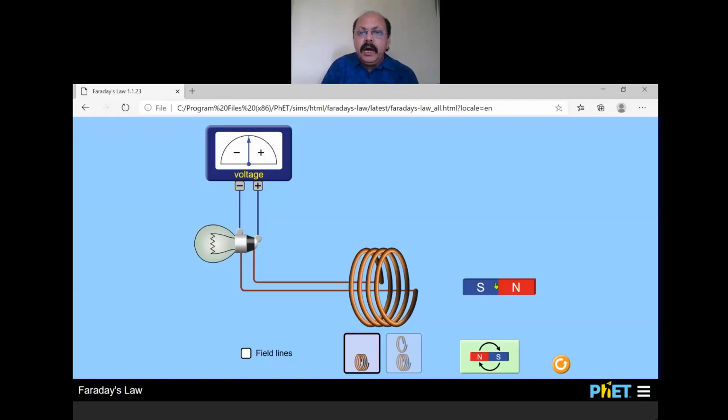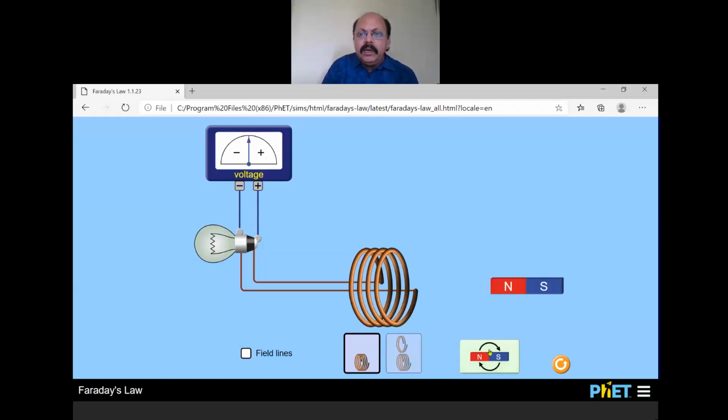But deflection takes place in the galvanometer in the opposite direction as when we move the magnet with its north pole towards the coil. Similarly, when we move it away from the coil with its south pole, then again deflection takes place in the galvanometer and the bulb glows. That indicates that a current is induced in the coil.